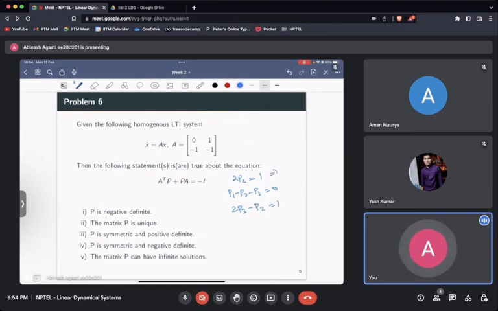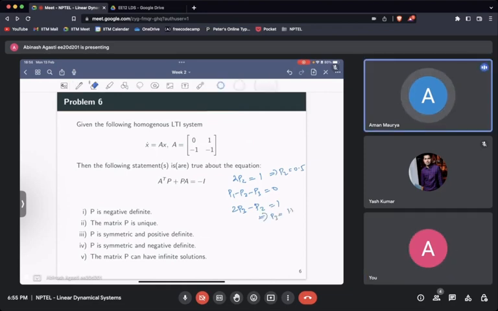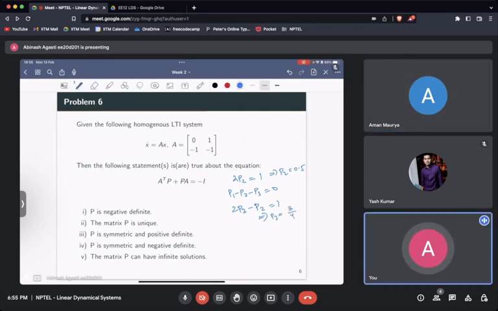So this gives us p2 is 0.5. From there we can find that P3 is what? 1, yeah, 3 by 4. And then further we can find P1 from this as P2 plus P3, which is 1 by 2 plus 3 by 4.